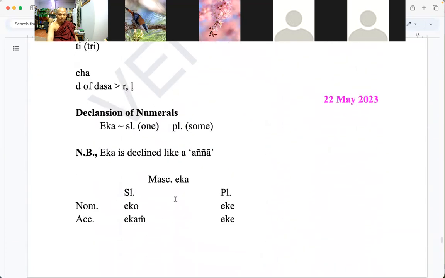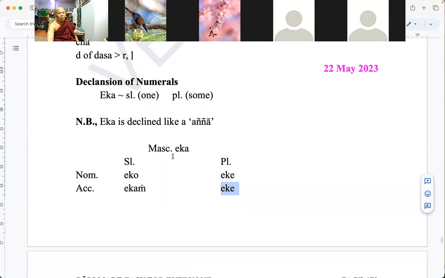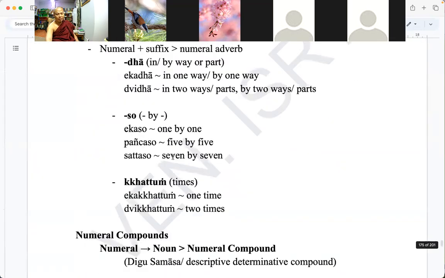So here you see, eka is 1. That is only singular. But when we use eka as a plural, the meaning is "some." Oh, yeah. So this eka is "some." Because eka means 1, only singular can be declined, but strangely, the plural form of the word eka changes the meaning, referring to "some" instead of "one." Yeah, Bante, I missed this point.